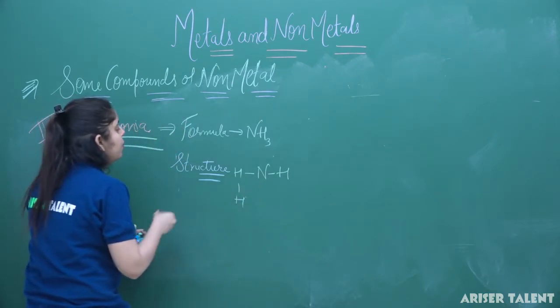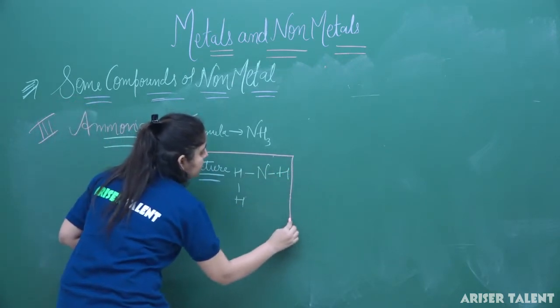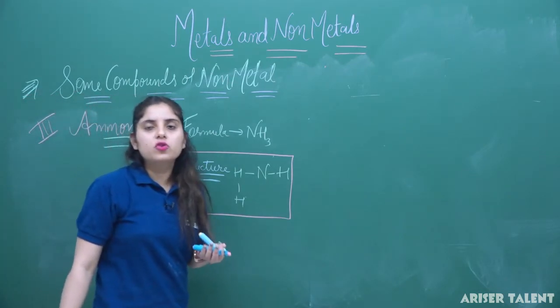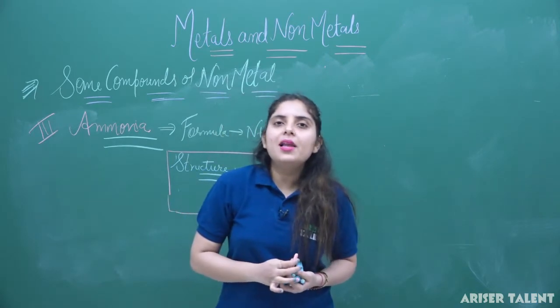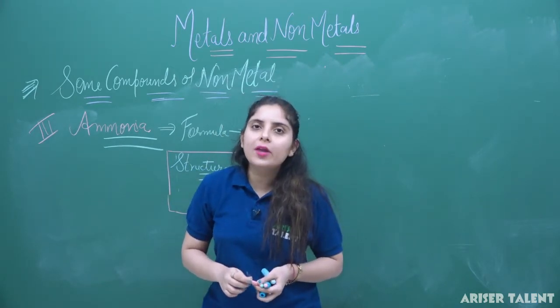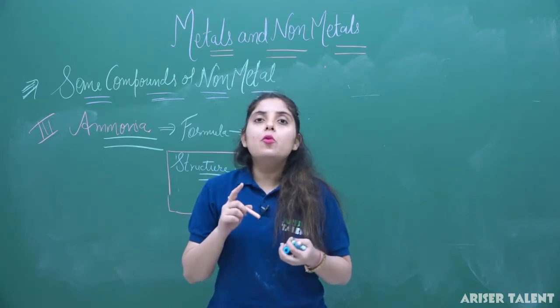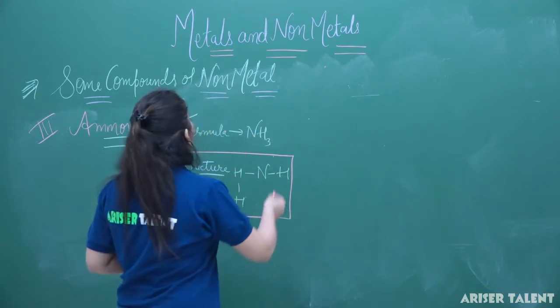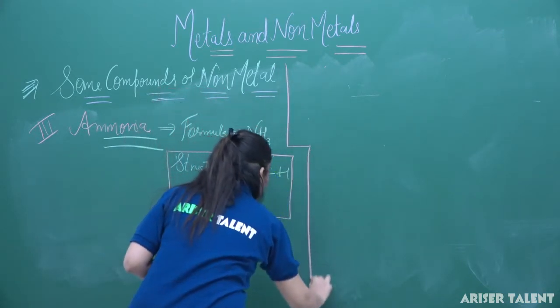This is the structural formula of ammonia: a nitrogen atom along with 3 atoms of hydrogen. Now what are its general applications? It is used as a fertilizer, it is used for making urea, ammonium nitrate, ammonium sulfate and ammonium phosphate. So what are the general applications of ammonia here?